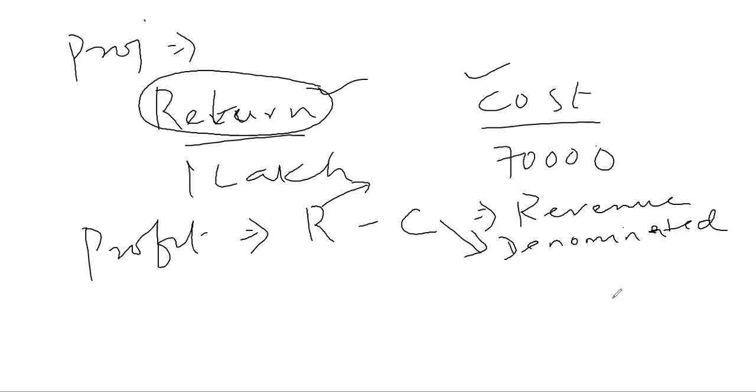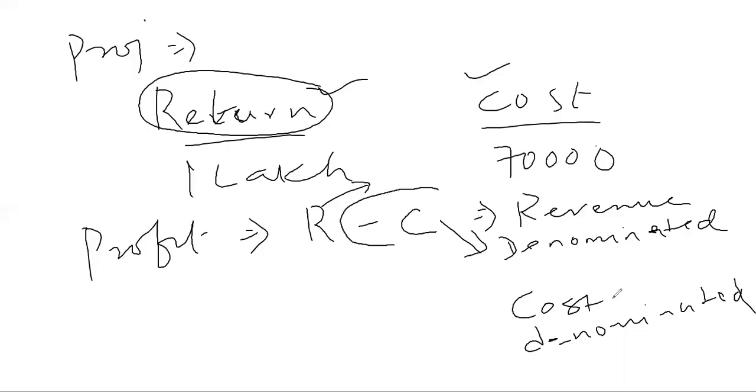But suppose you have a question which is cost denominated. Cost denominated questions are like, for example, a tender quotation, or a question where only cost details for a project are given, no return. If you take cost as negative, then you'll have a negative answer.